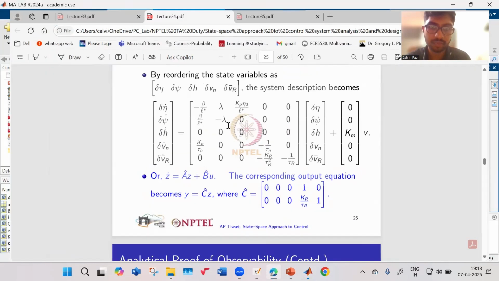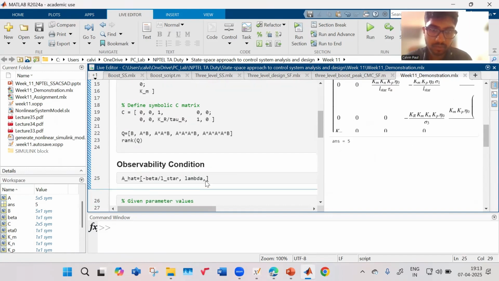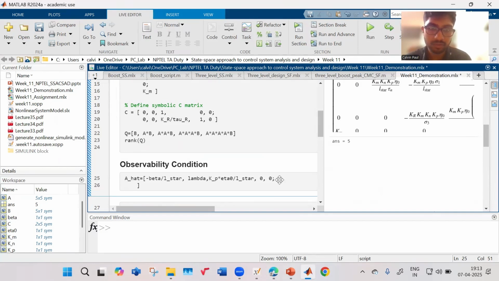Then Kp eta naught, this Kp into eta naught into L star, comma 0, comma 0. This is the first row. Then minus beta upon L star again, minus beta upon L star, minus beta upon L star.